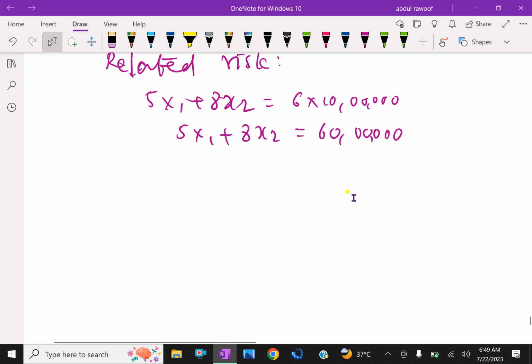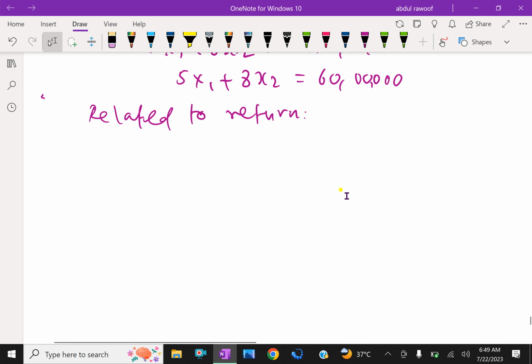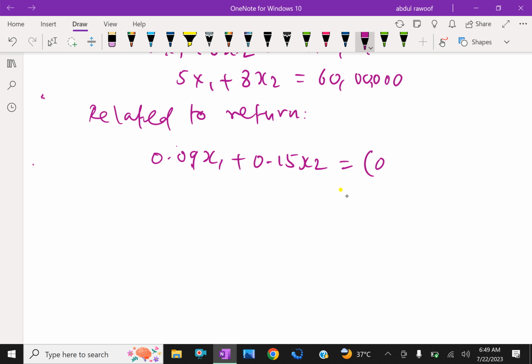Related to return: 0.09x1 plus 15% x2 is greater than or equal to 12%, that is 0.12 into 10 lakh.